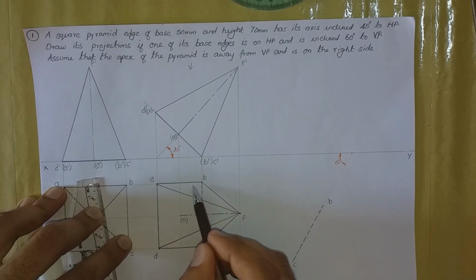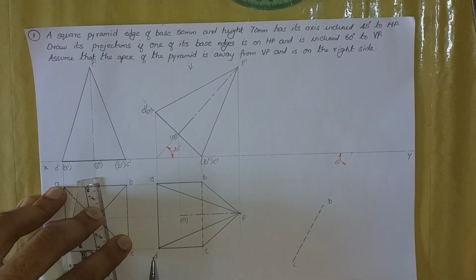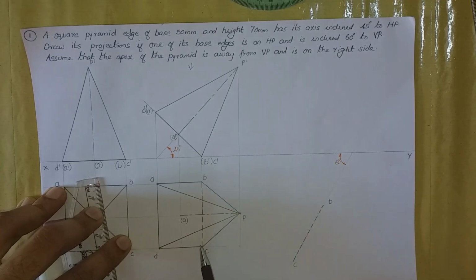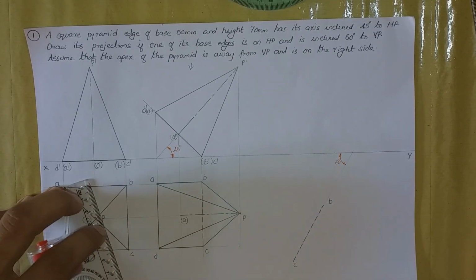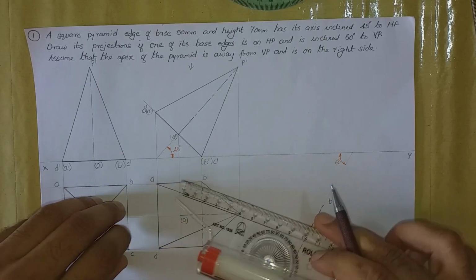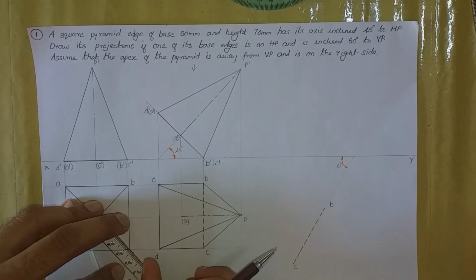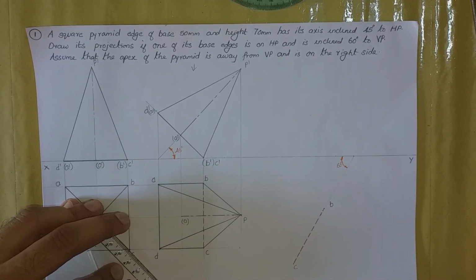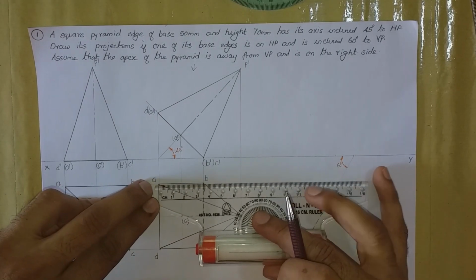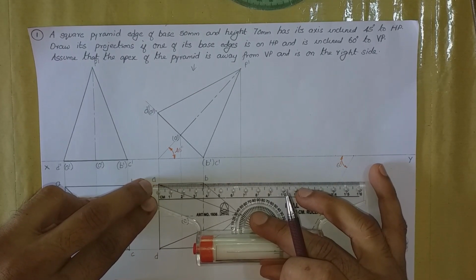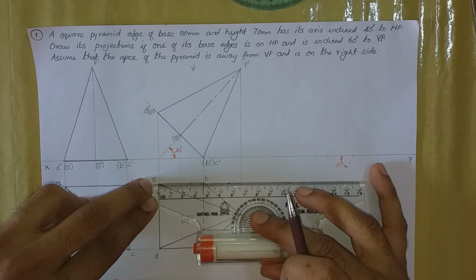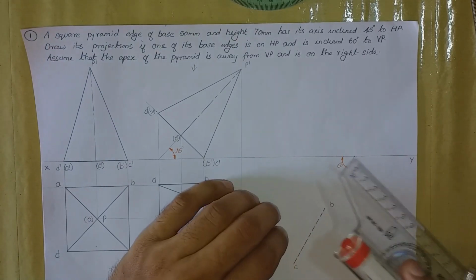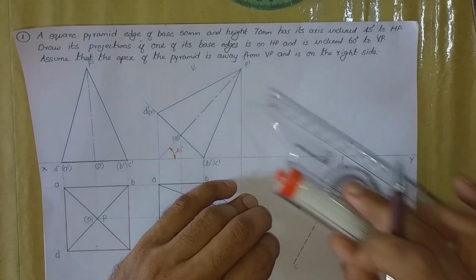Now AB and BC, they are perpendicular to each other. DC and BC also, they are perpendicular to each other. So I am drawing it here, but the length of AB and the length of DC are not 50 mm. Okay, I am going to measure it here. It is approximately some 35 or 36 mm. So I am drawing it perpendicularly here.